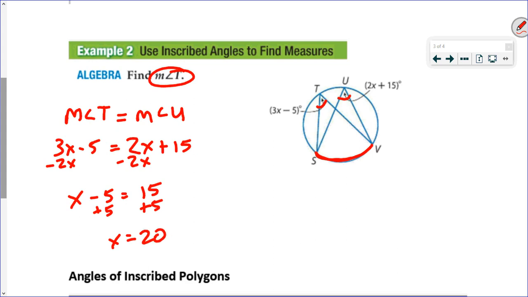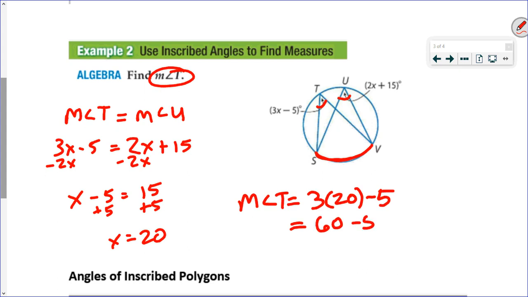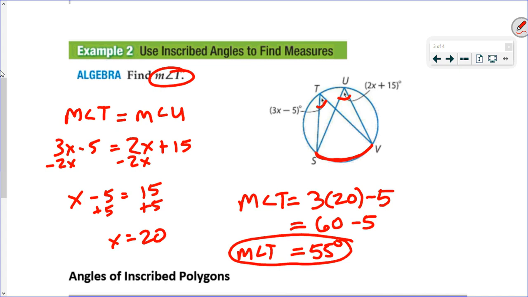And so now we plug into angle T. The measure of angle T is 3 times 20 minus 5. 60 minus 5. Angle T is 55 degrees. And so that's how you use theorem 10.7 there.